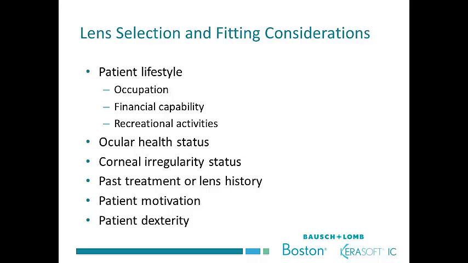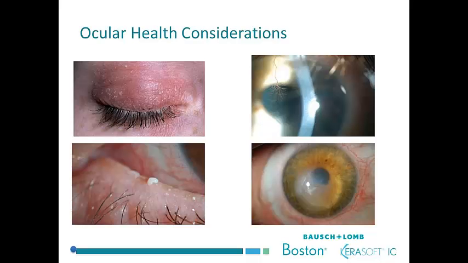Scleral lenses might be a little too challenging to apply for some patients, and some patients may not like the idea of using a soft lens because it's too soft and can fold on them. So ocular health considerations. We know that there's an association with atopy and eczema in your keratoconus patients, and here we have lid excoriation.